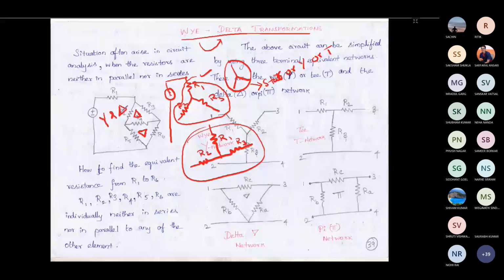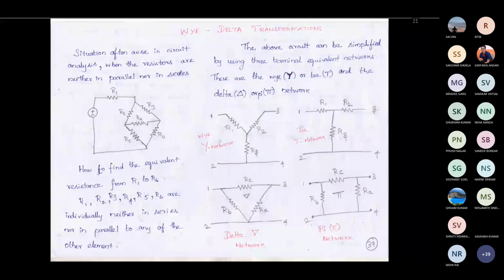What we need to do is convert one of them: if we convert R1, R2, R3 in star connection to delta, or convert the delta combination R2, R3, R4 to star, then it will become easy for us to solve the circuit. That's what we are going to do here.